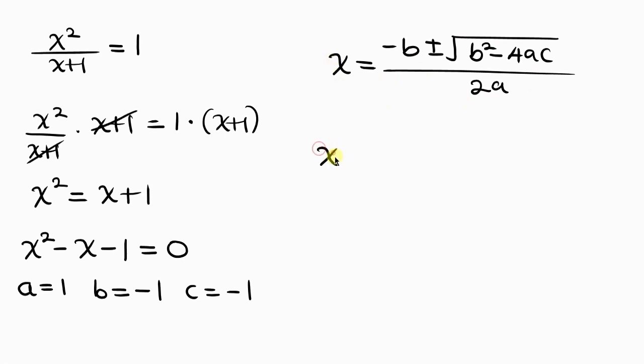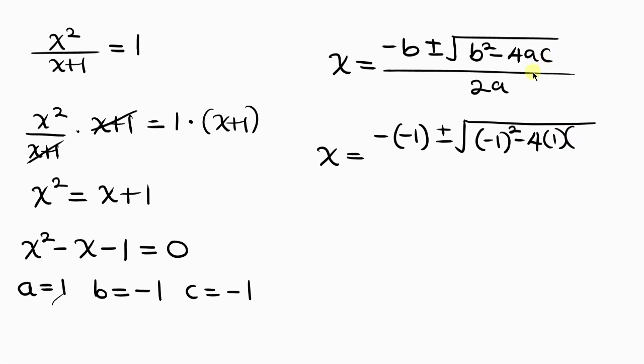Now let's substitute here. So we have x equal to negative b. So negative b is negative 1. So I'm going to be putting this inside a parenthesis, negative 1, plus or minus the square root of b squared, b is negative 1. So negative 1 squared minus 4 times a is 1 times c is negative 1, all over 2a, which is 2 times 1. Very good.